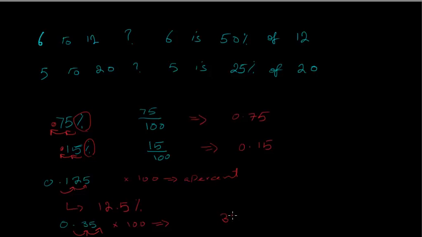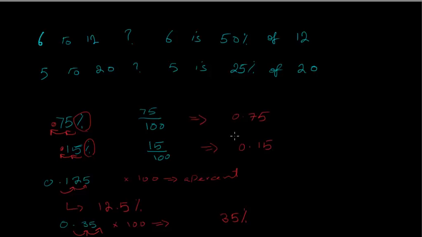So 35% of a given number is your response. Instead of multiplying it by 100, you only have to move the decimal point 2 places to the right.